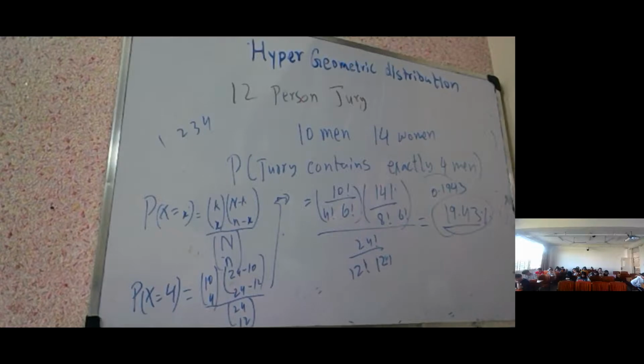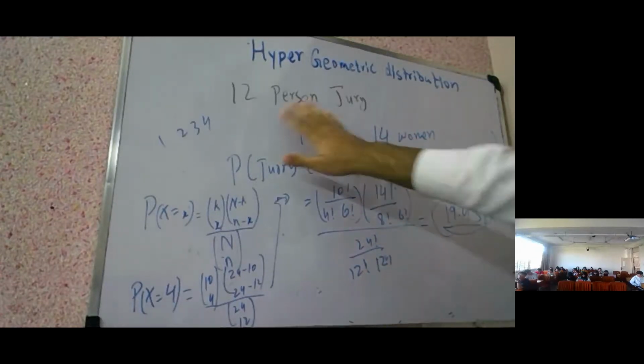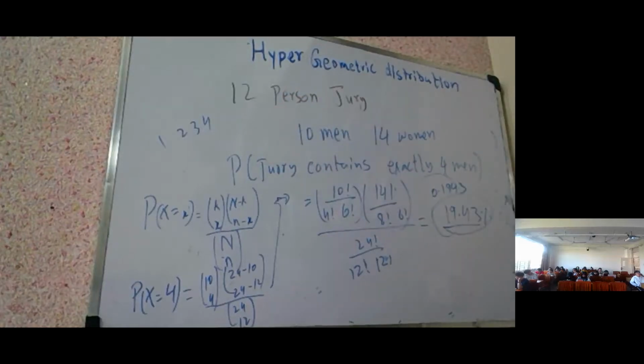So there is a 19.43% chance that exactly 4 men are included in this 12-person jury, right? And of course, you can also get the q for x equal to 4. So that's how we get the hypergeometric probability distribution.